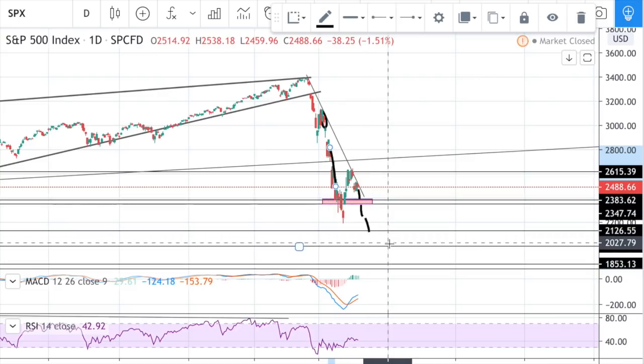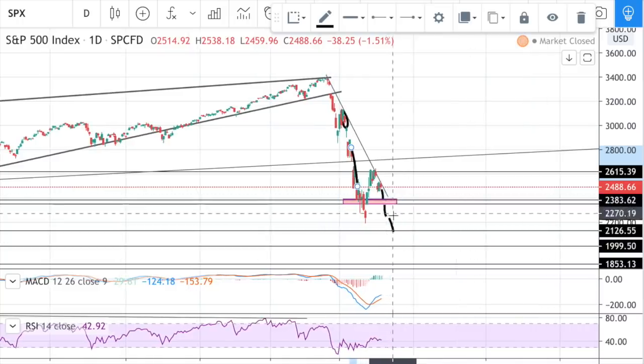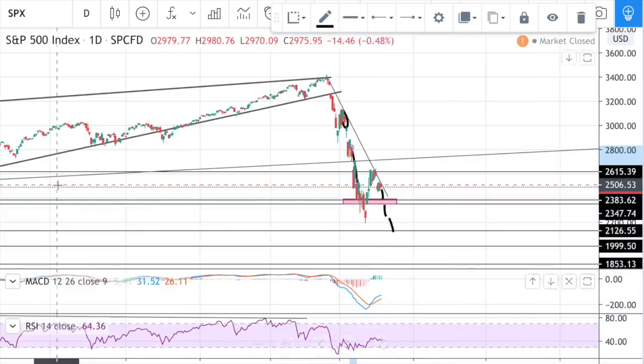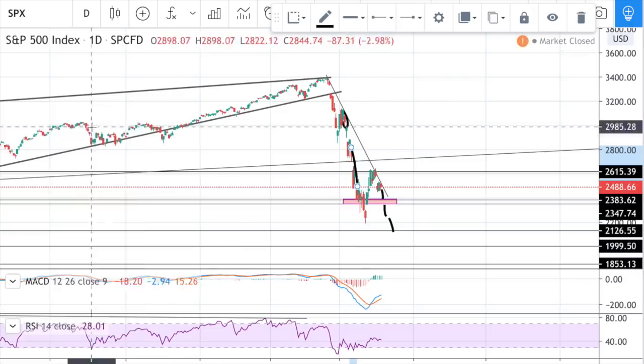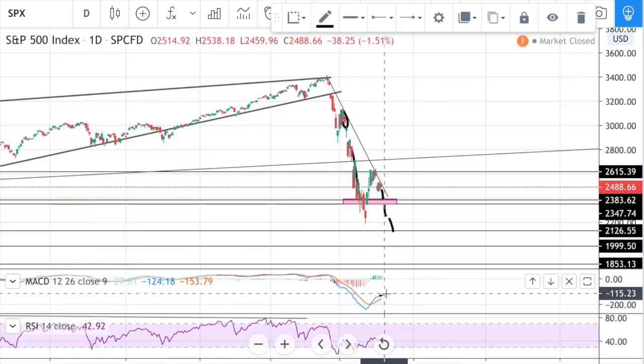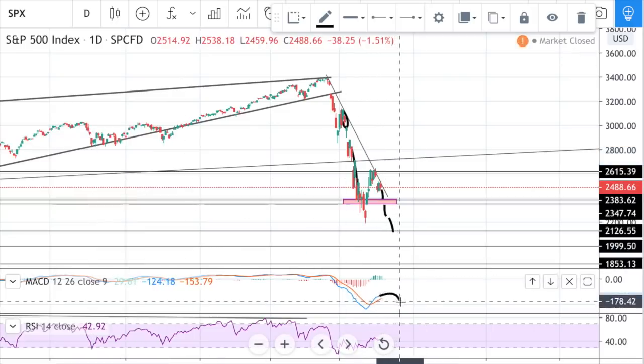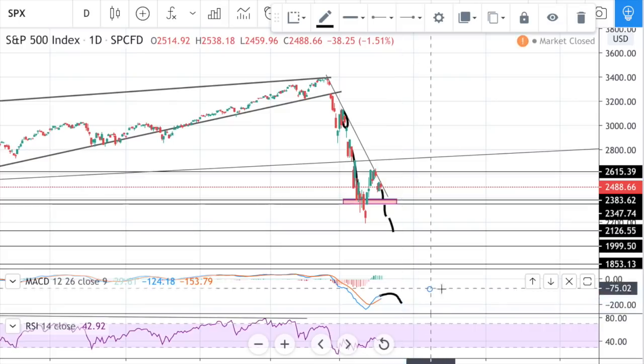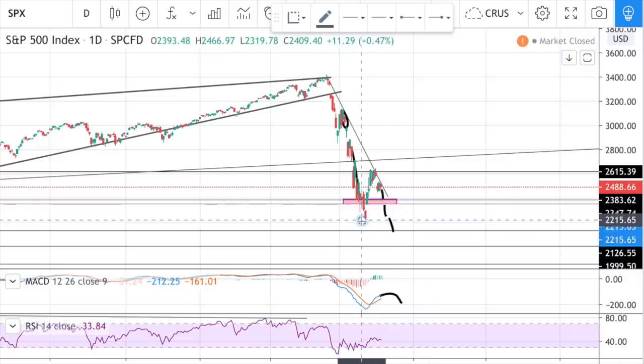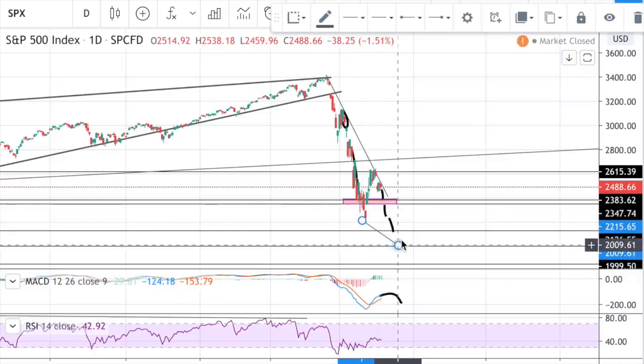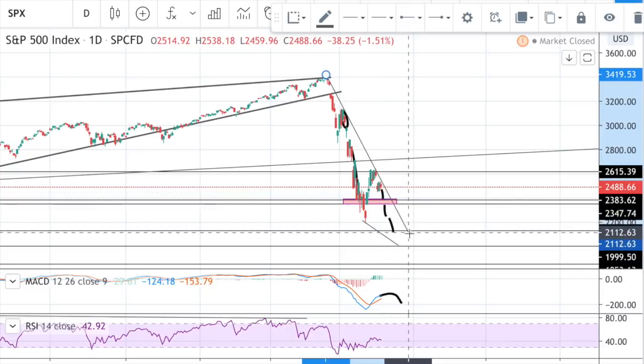And I'm going to show you what I mean. As we go down here, the MACD is very likely to do something like this. We're going to see the MACD turn over. And then it's going to look something like this. And so we'll have big fat divergence on the daily chart. We'll be able to draw this contraction line here. We'll still have this downtrend line running from the top.